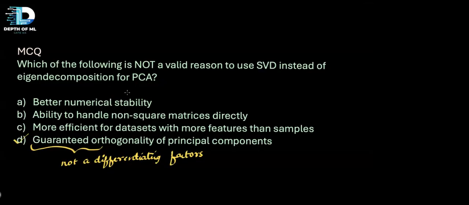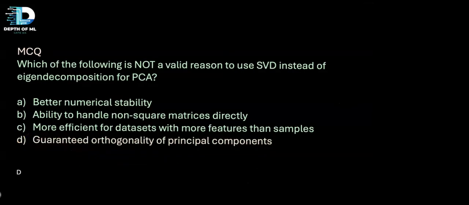Then more efficient for data sets with more features: we also discussed yesterday that it is more efficient for data sets which have more features than samples. Okay, so the option is D.